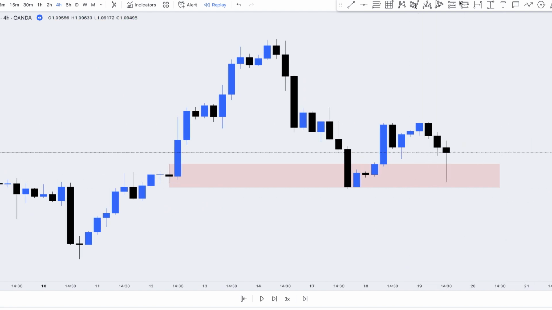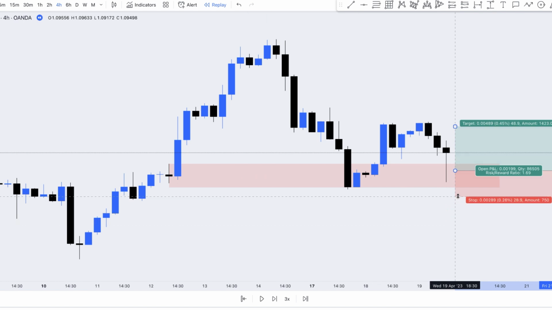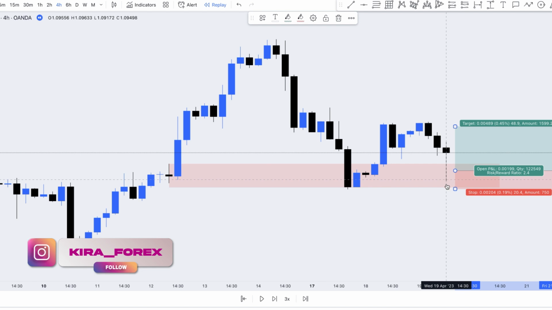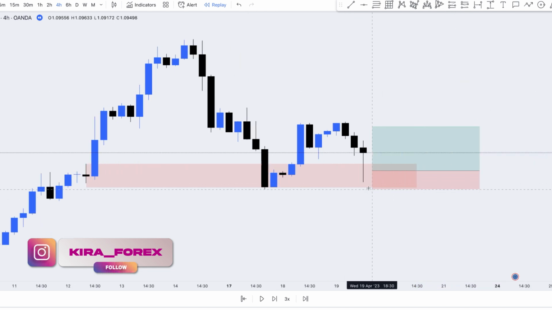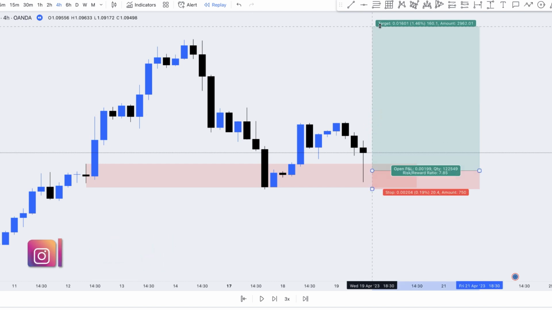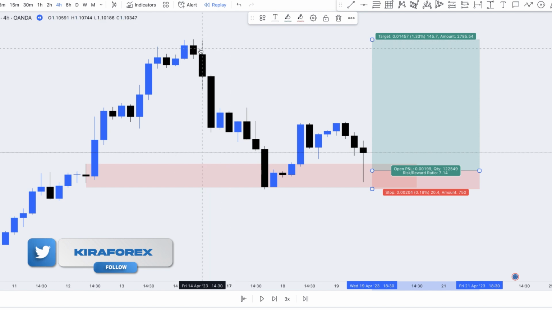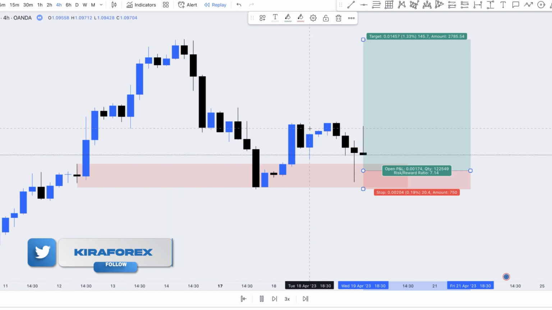So immediately, what do I do? I just pull out my long position and drop it here, my SL below the key level or below the candlestick that has rejected the zone, and my take profit at the nearest key level. So my take profit is here, at the nearest key level.